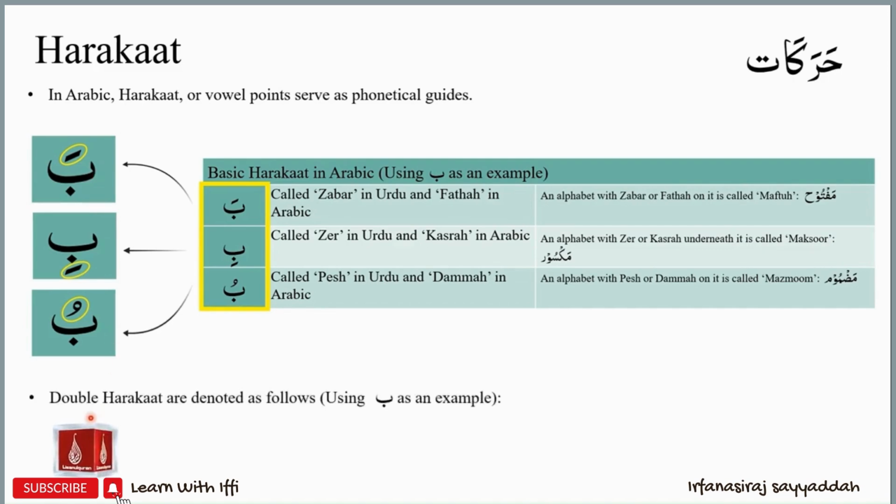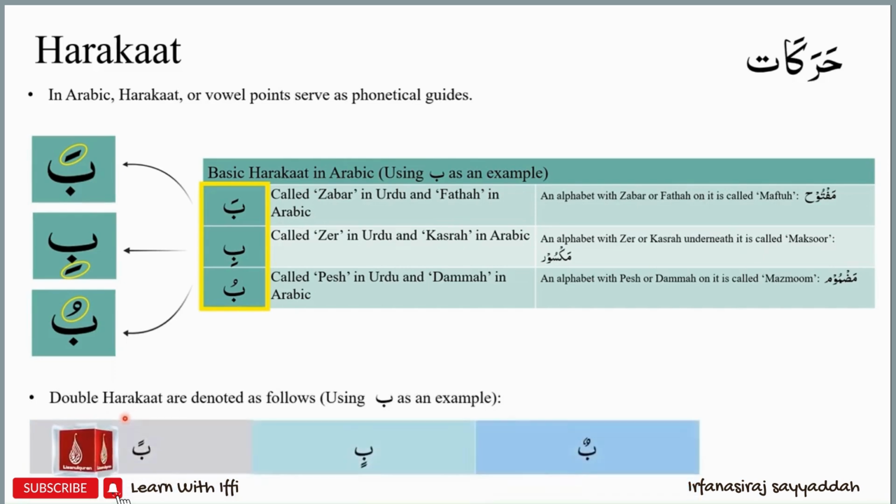Another important concept is that of double harakat. Double harakat will be shown as follows. Again, we'll use the alphabet ba as an example. The presence of double zabar on top of ba will produce the sound ban. The presence of double zair below ba will produce the sound bin.